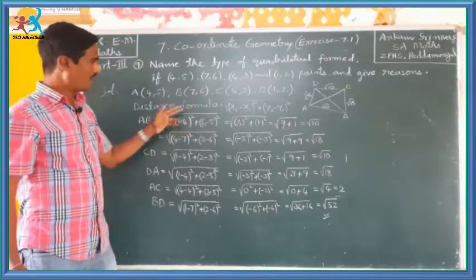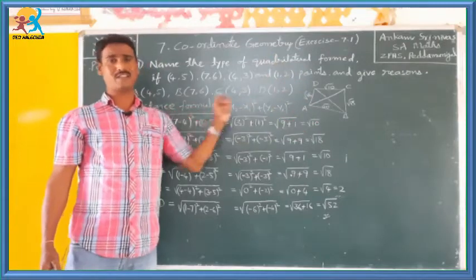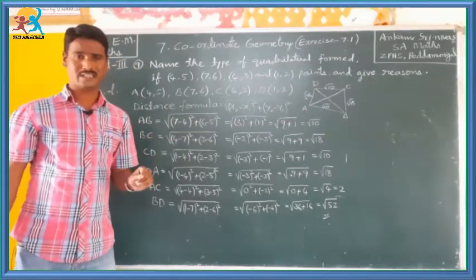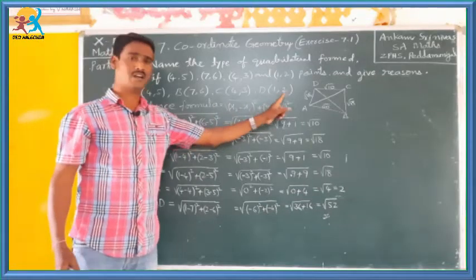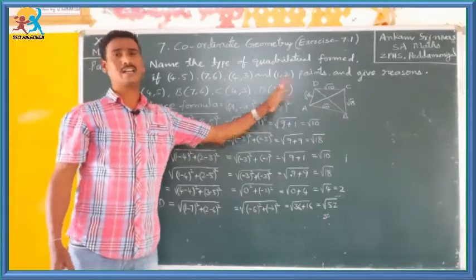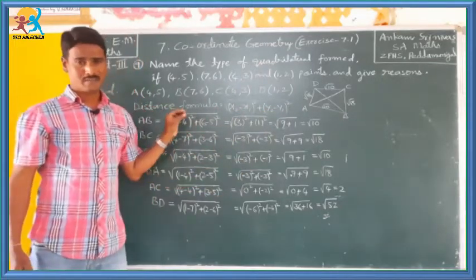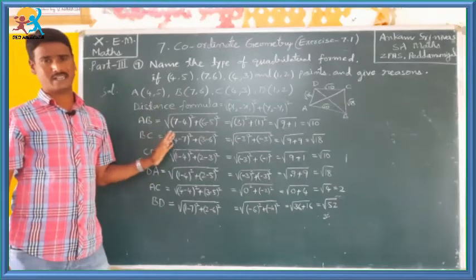So if opposite sides of a quadrilateral are equal and diagonals are also equal, then it becomes a rectangle. But in this case, opposite sides are equal, but diagonals are not equal. So it becomes only a parallelogram, but not a rectangle.